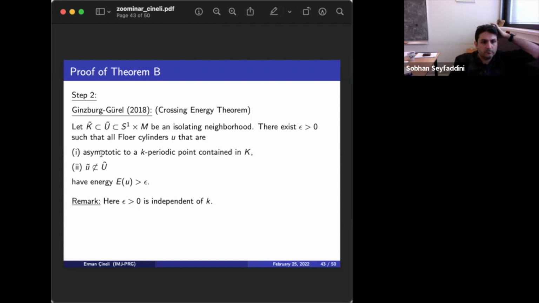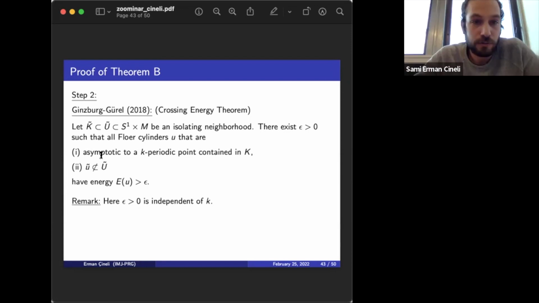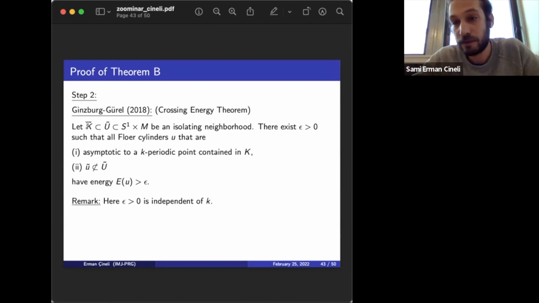Sorry, could you please remind me of the definition of isolating neighborhood? Every point in the complement of the set k tilde leaves the neighborhood under iterations. But here, I should say, there's a different definition.